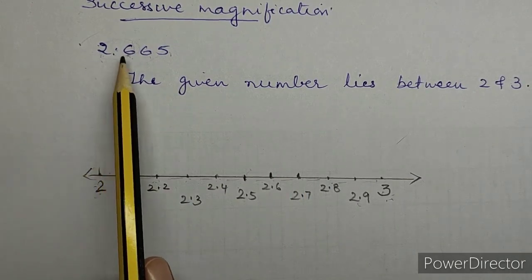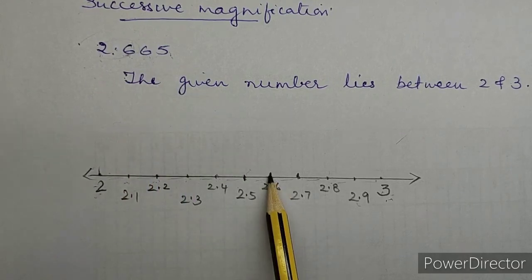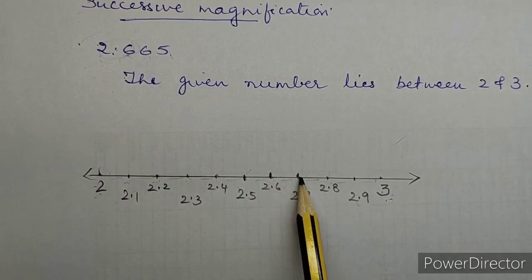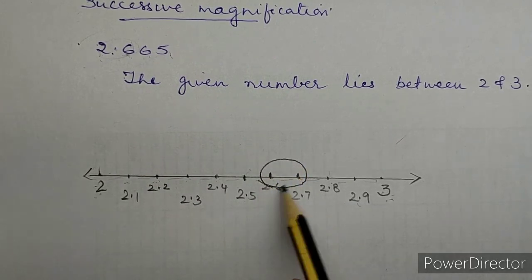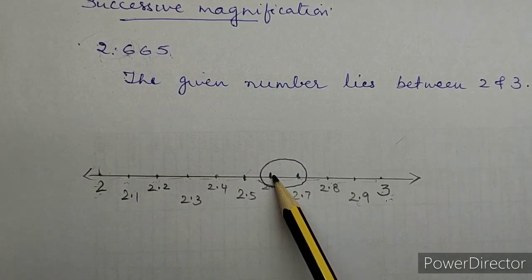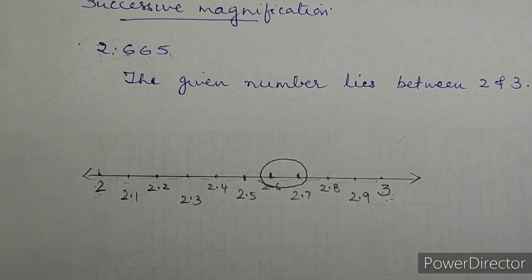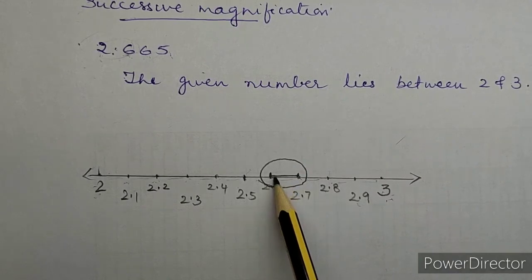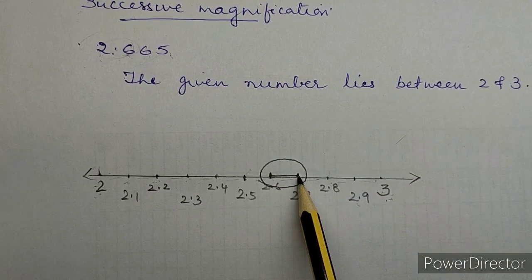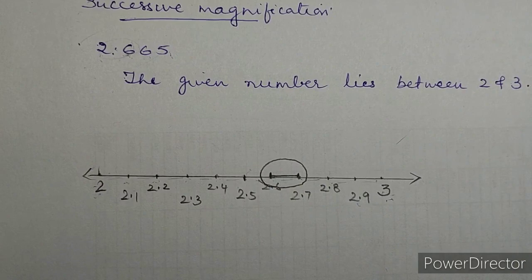Since it is 2.665, the number lies between 2.6 and 2.7. That portion alone you have to magnify and show in the second number line. Only this portion you have to take and draw, again marked as 10 parts, that is, 9 points.